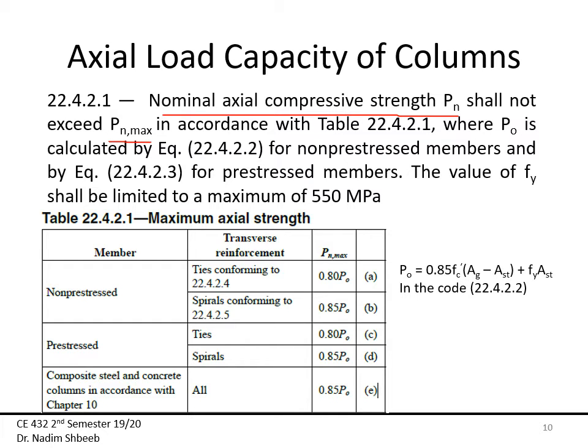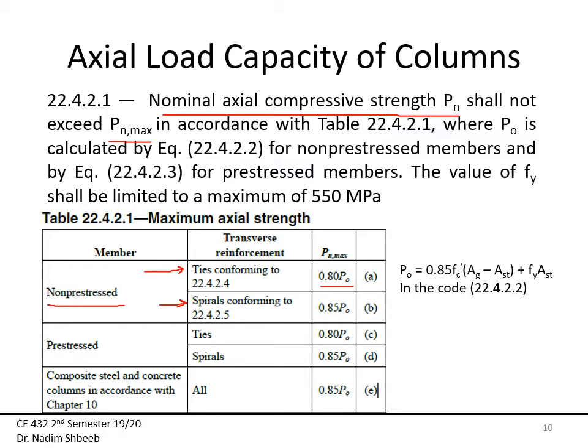Okay, and again, we have prestressed and non-prestressed. We are only going to deal with non-prestressed in this class, and for that we have, again, tied column or a spiral reinforced column. So if we're only using ties and not spiral, then that Pn max is going to be 0.8 P0.